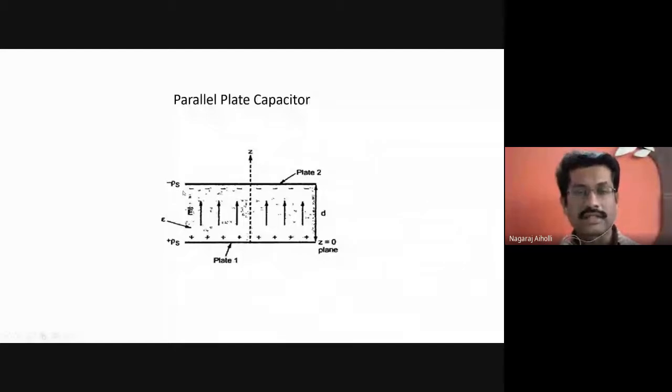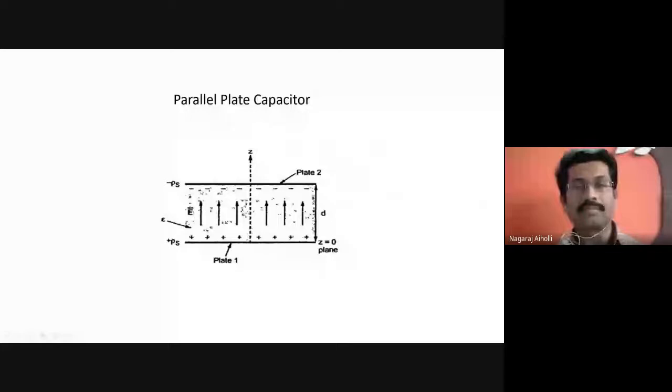Plate 1 and plate 2 have equal magnitude but different polarities. They are opposite. Plate 1 has surface charge density of plus rho s, plate 2 has minus rho s.